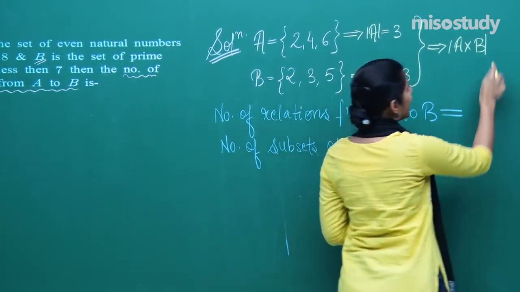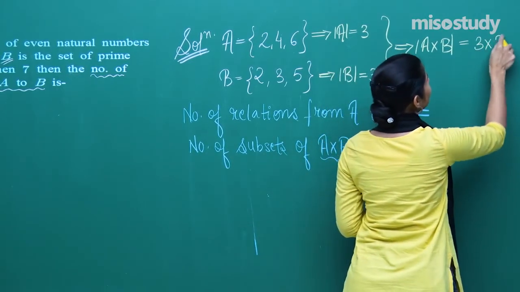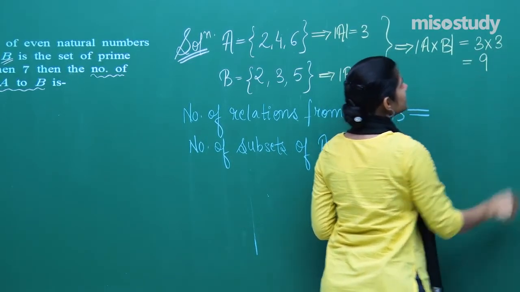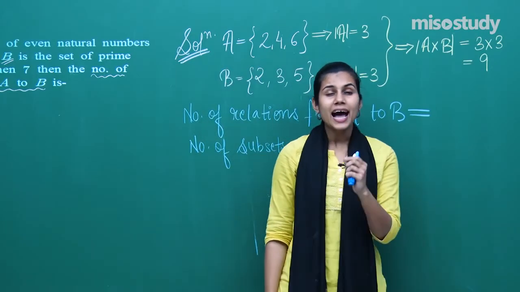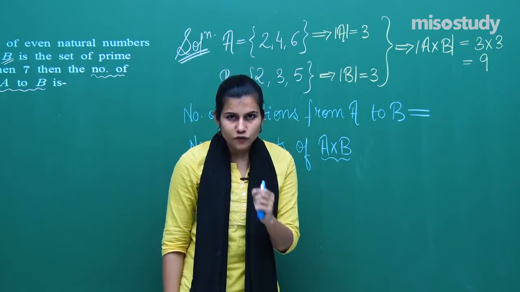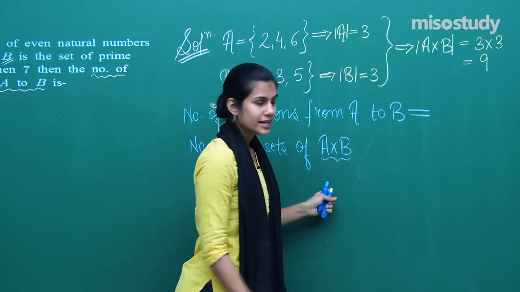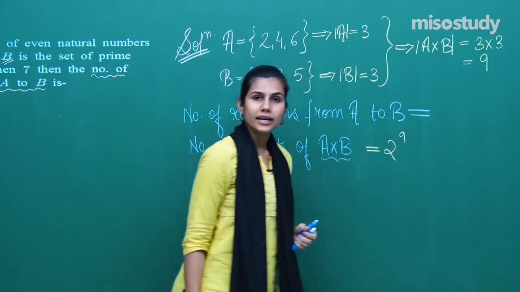Well, A cross B has cardinality of A into cardinality of B, which is 9 members. And if A cross B has 9 members, then the number of subsets of A cross B are nothing but 2 to the power 9.